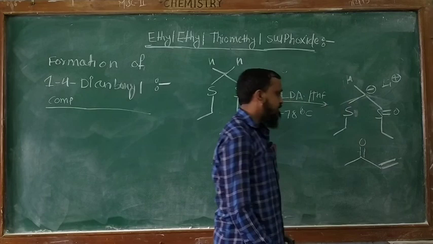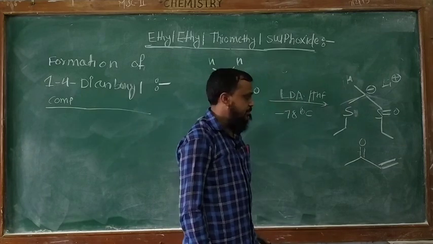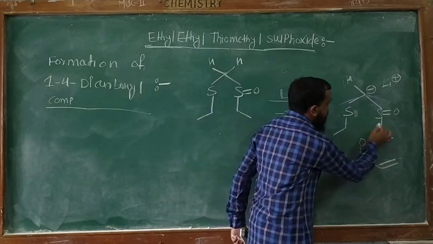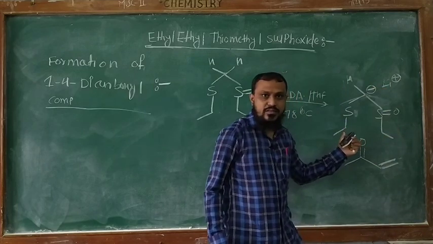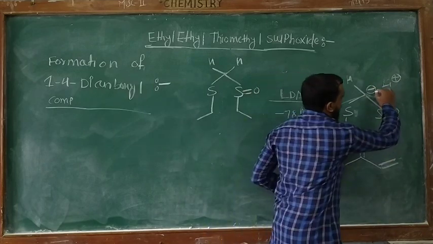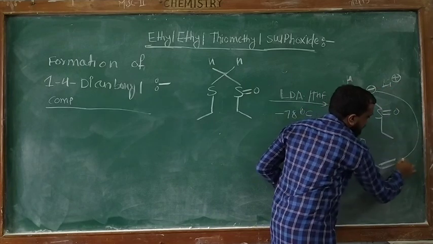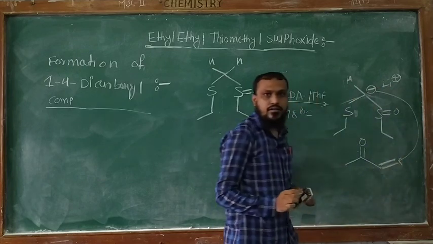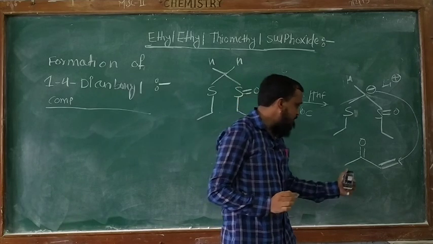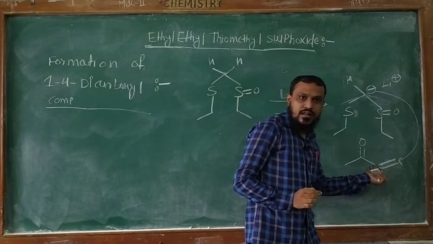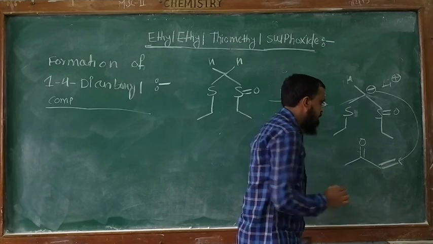an alpha beta unsaturated system. Okay, so the negative charge of the lithiated salt of ethyl thio-methyl sulphoxide attacks the beta carbon atom of the alpha beta unsaturated system instead of the carbonyl compound.